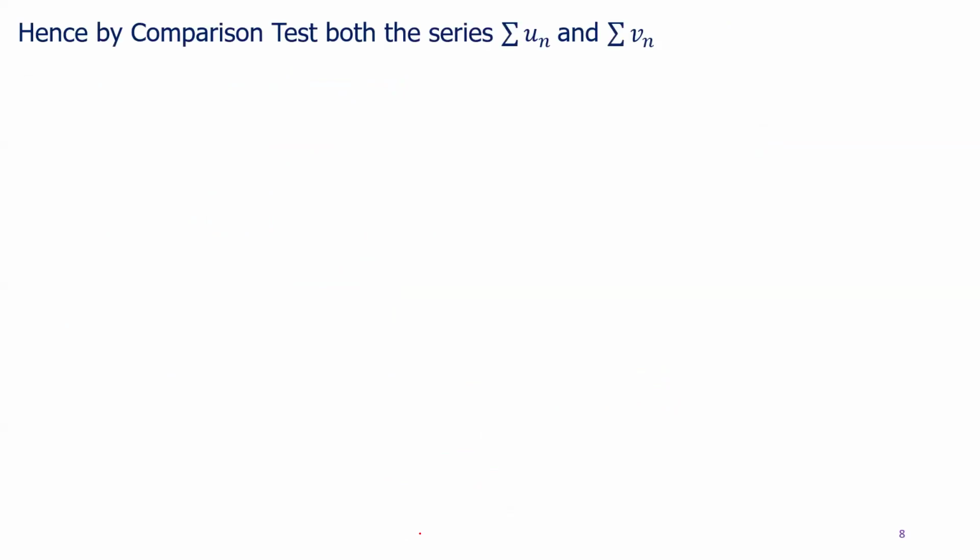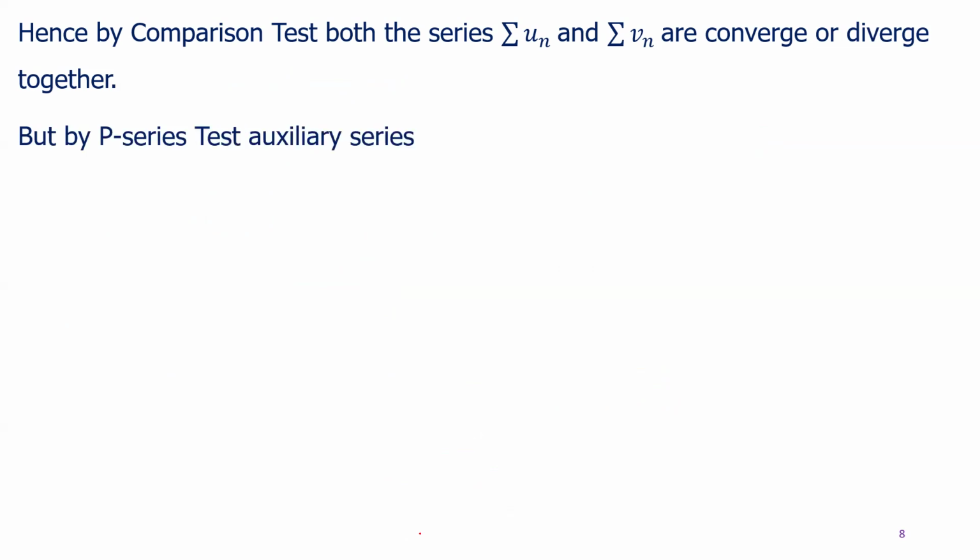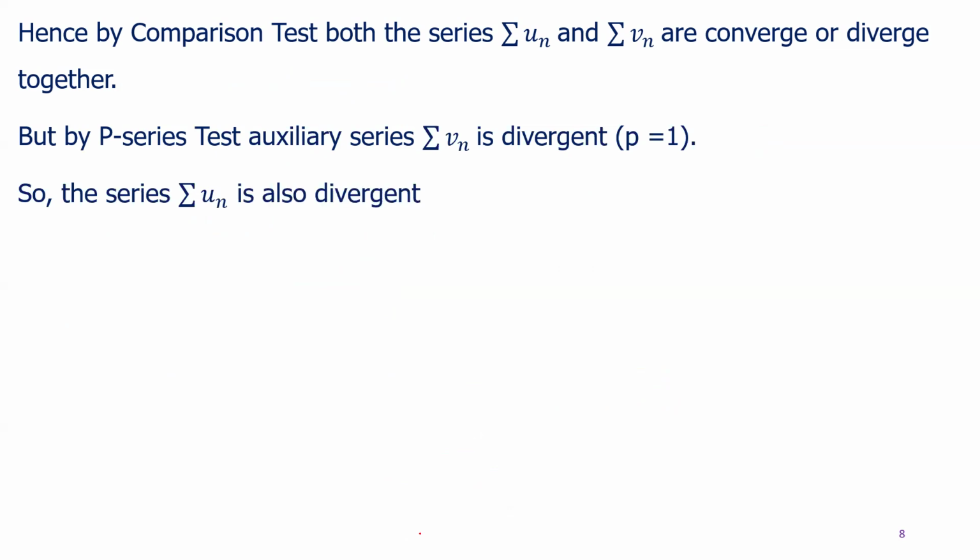Hence, by the comparison test, both the series un and Vn converge or diverge together. But by the P series test, the auxiliary series sum of Vn is divergent, because the value of P is equal to 1 over here. So the series sum of un is also divergent.